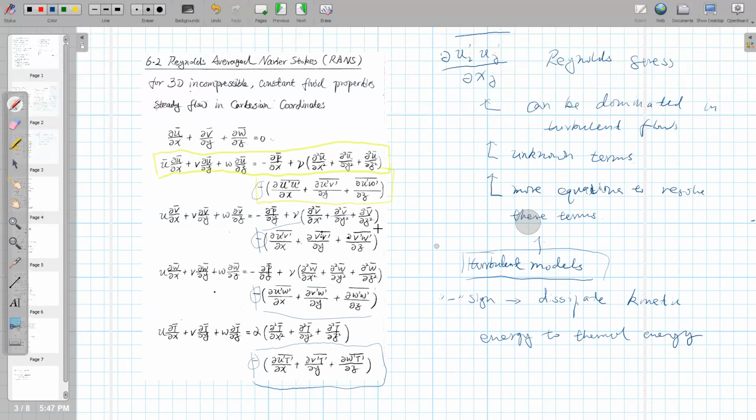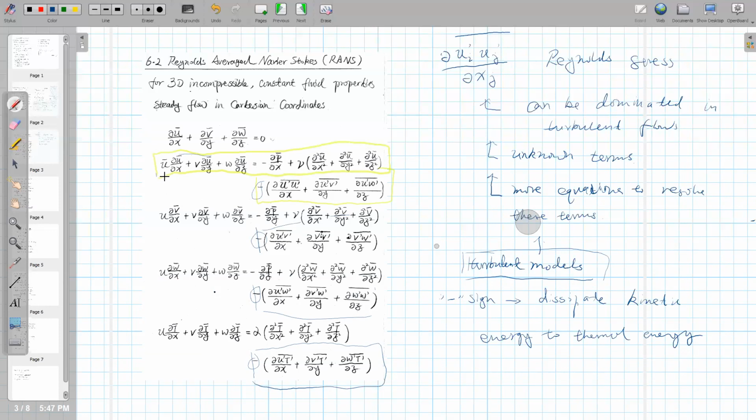Another thing is that you need to know where this term is coming from. All this Reynolds stress term is coming from the convection terms. The u prime terms are not derived from the pressure term or the viscous term of the instantaneous equation.